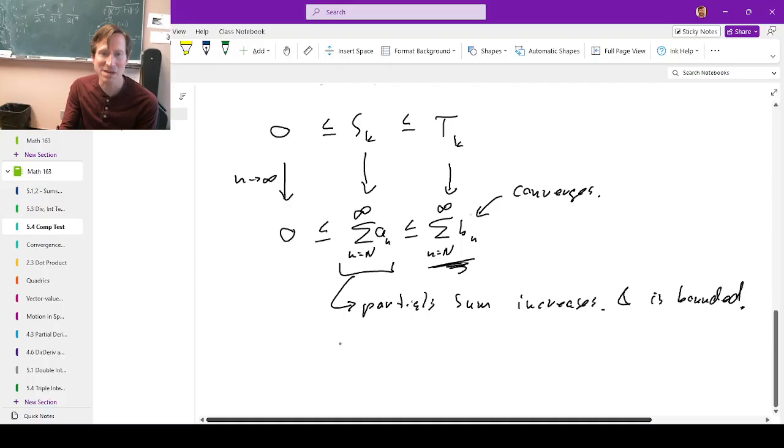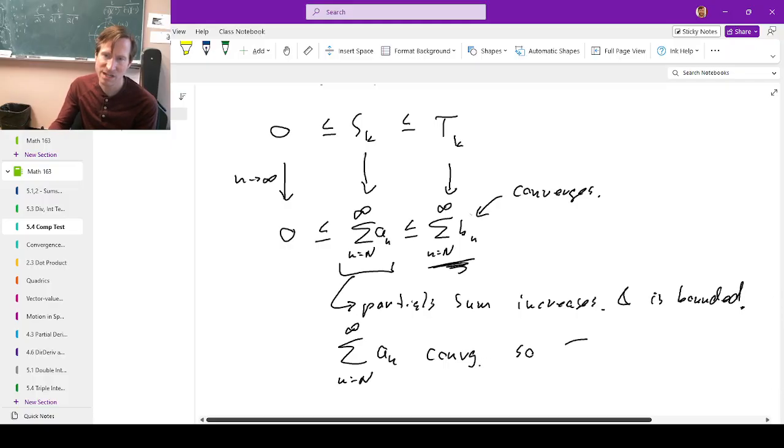Okay? So that means that the sum from n equals capital N to infinity of a sub n converges. So the entire sum converges, right? If the tail converges, the entire series will converge. Okay.